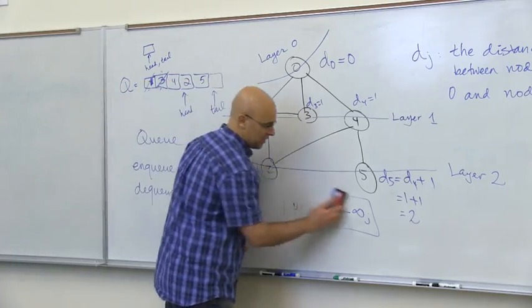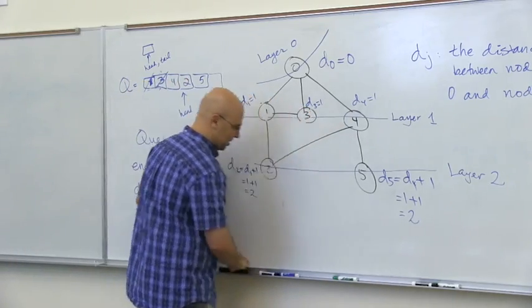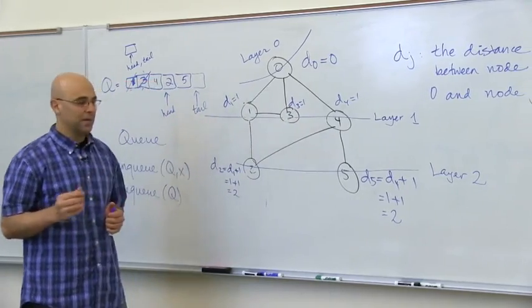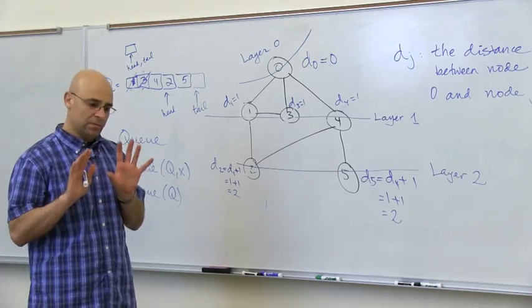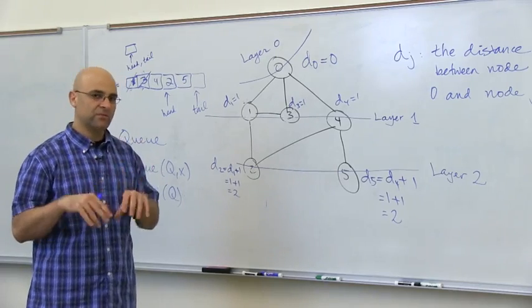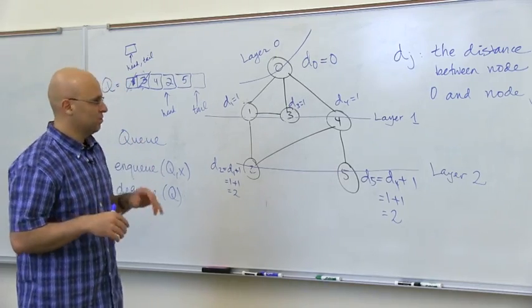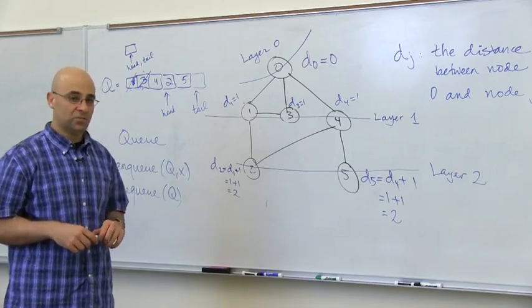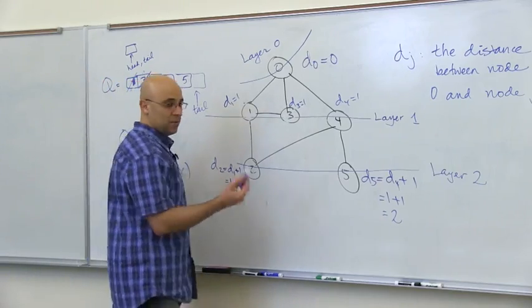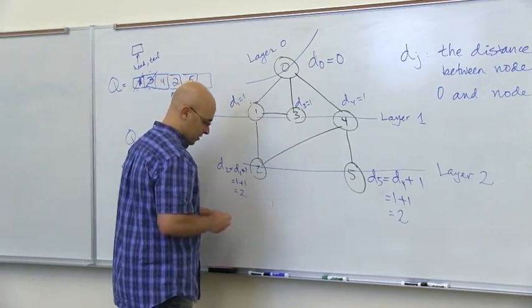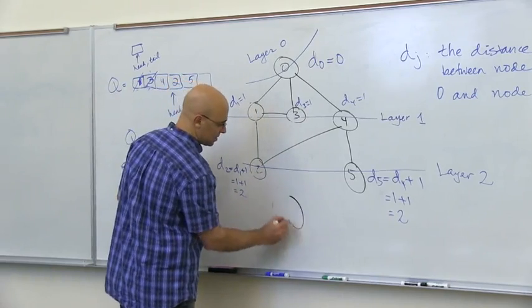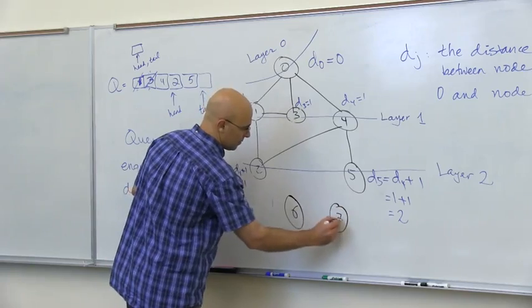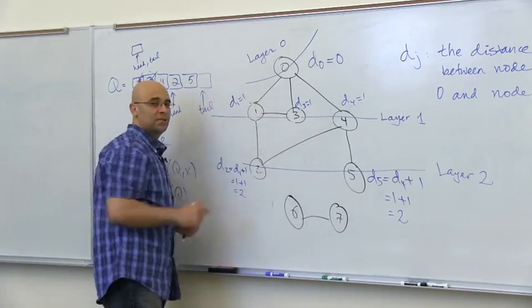Number two is a boundary case that we have to be careful about, and it is going to be already taken care of by this initialization. It is very natural for all of us to assume that the graph is connected. But you have to be careful about boundary cases with algorithms. It might be that the user has a graph that also has nodes 6 and 7 that are connected to each other, but not connected to node 0.